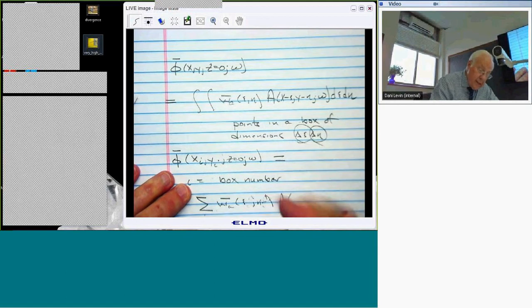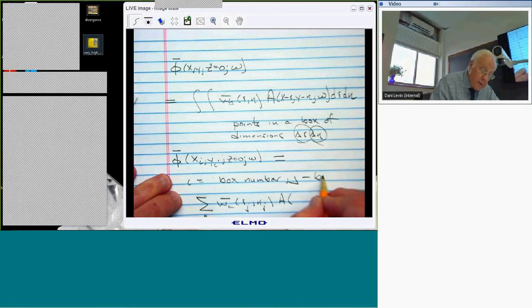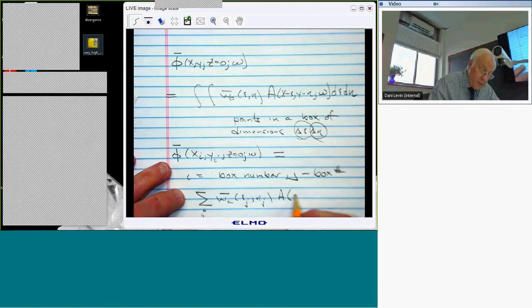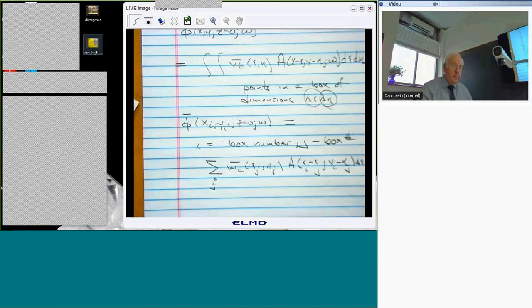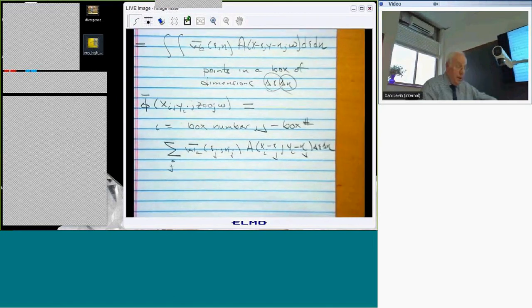So it's got to be a different subscript, j. The j and i are both box numbers. Different box numbers, but they're both box numbers. So I have x_i minus c_j, y_i minus eta_j, delta c, delta eta.